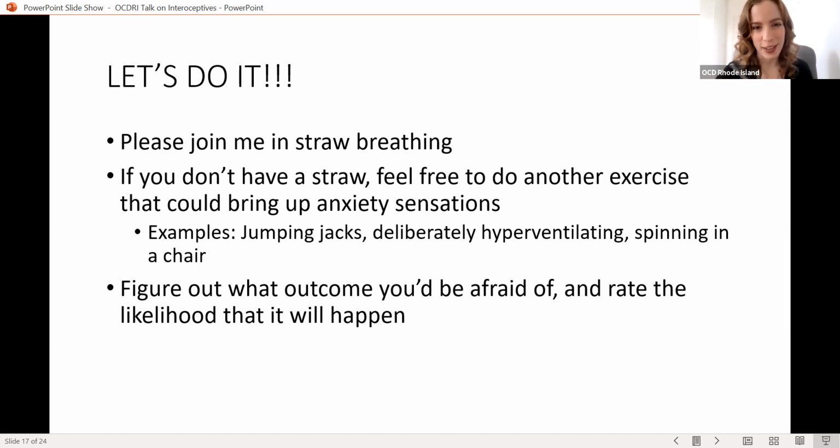When I do this straw breathing, you can do jumping jacks or spinning in your chair or whatever you think might bring up an uncomfortable sensation for you. But straw breathing is one that gets a lot of people and definitely brings up physical sensations for me. So I think we should all try to do it if we can. I'll pause to let you go get a straw. Or actually, no, you pause this video, go get a straw, and then come back.